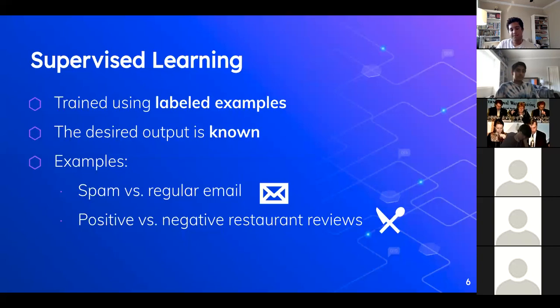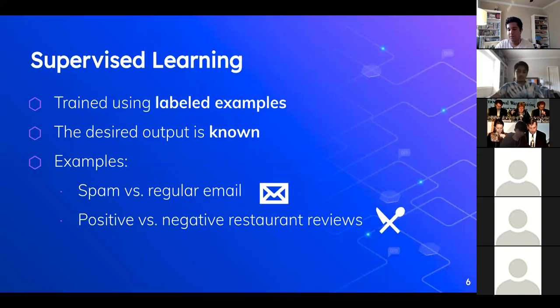So this is what it means as supervised learning, where we're trained using labeled examples, right? The answers to the test were already known. The emails, whether they were spam or regular, were already known. However, we're using that to train the model in order to compare itself to the actual classifications.